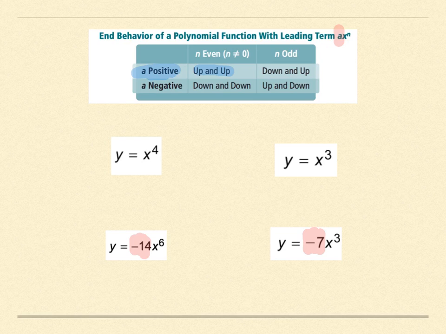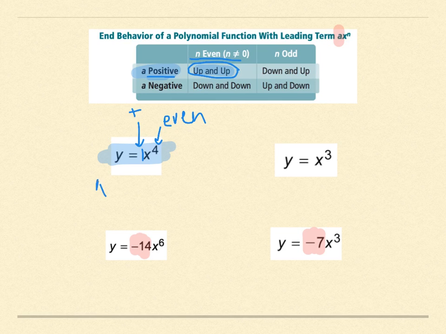So if we look at the first one, y is equal to x to the 4th, our number in front of x is 1, so it's positive, and x is raised to an even number. So the number in front would be 1, and it is positive, and this 4 is even. So if we have a positive and even, our end behavior of the graph is going to be up and up.